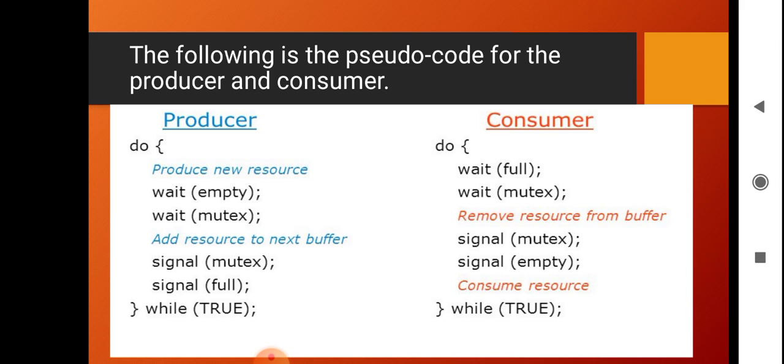Already we have stored certain data in the first slot of the buffer. If we produce one more data item, that also we need to store in the buffer, so that's why we need to increment the value of the semaphore. Again here also signal mutex, so again a mutual exclusion is performed.